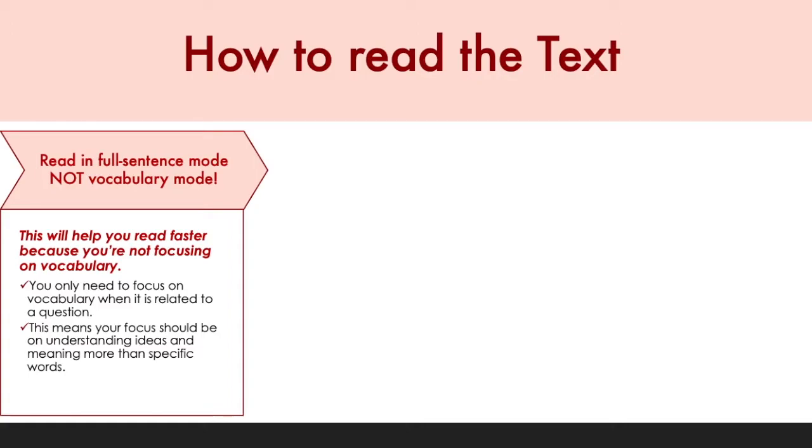This will help you read faster because you're not focusing on vocabulary. You only need to focus on vocabulary when it's related to a question directly. This means your focus should be on understanding ideas and meaning more than specific words.